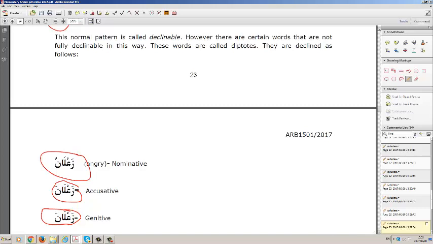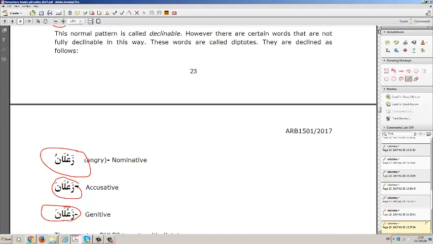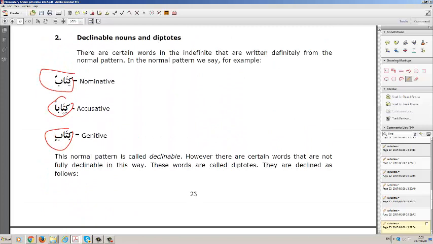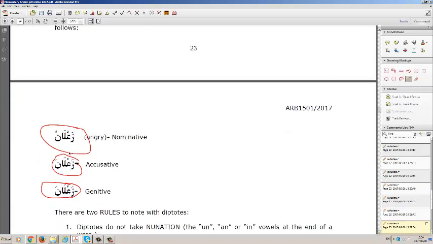Now there are two things happening here. If you look at kitabun, kitaban, kitabin, these are standard indefinite nouns. A book, a book, a book. These other words are also in the indefinite form. But do you notice two things? One is that they don't take the double sound.